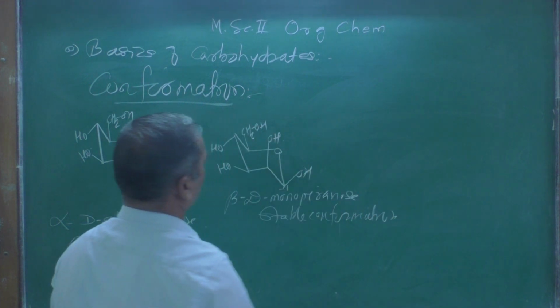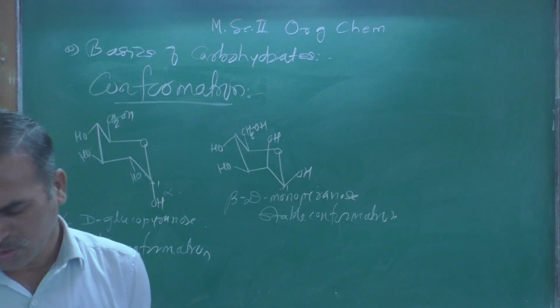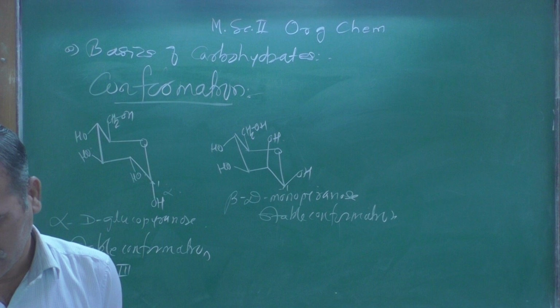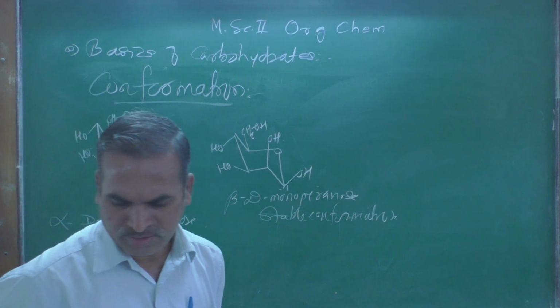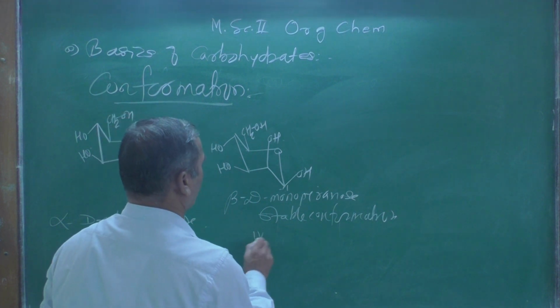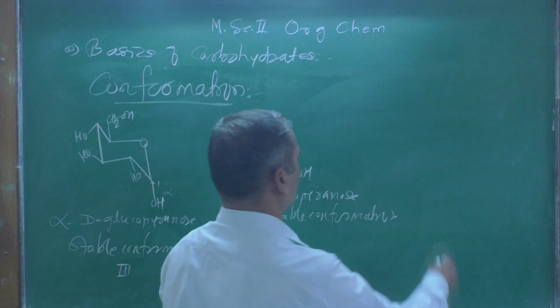Still, one hydroxy group is there, one 1,3-diaxial interaction is there, no doubt about it, but still it is more stable. This is structure number 4, and now structure number 3 will be this one.